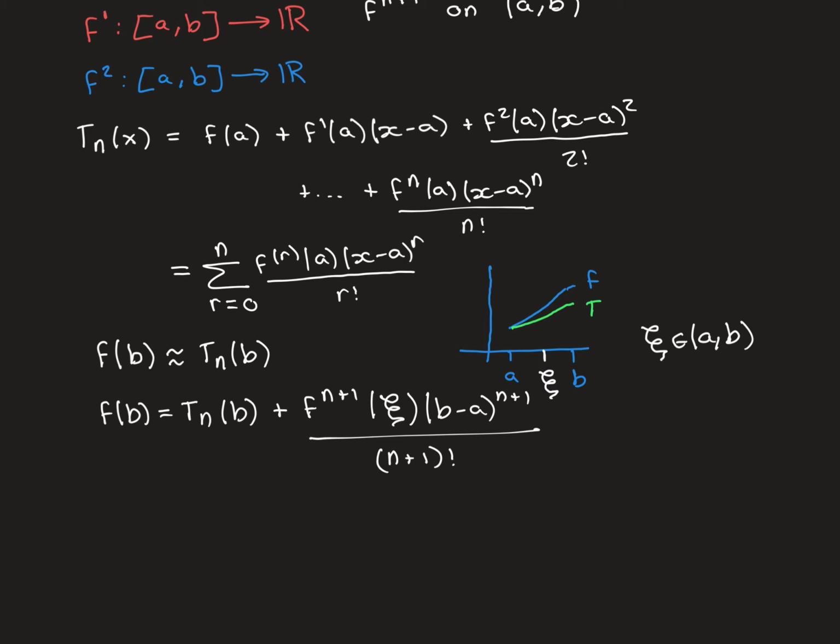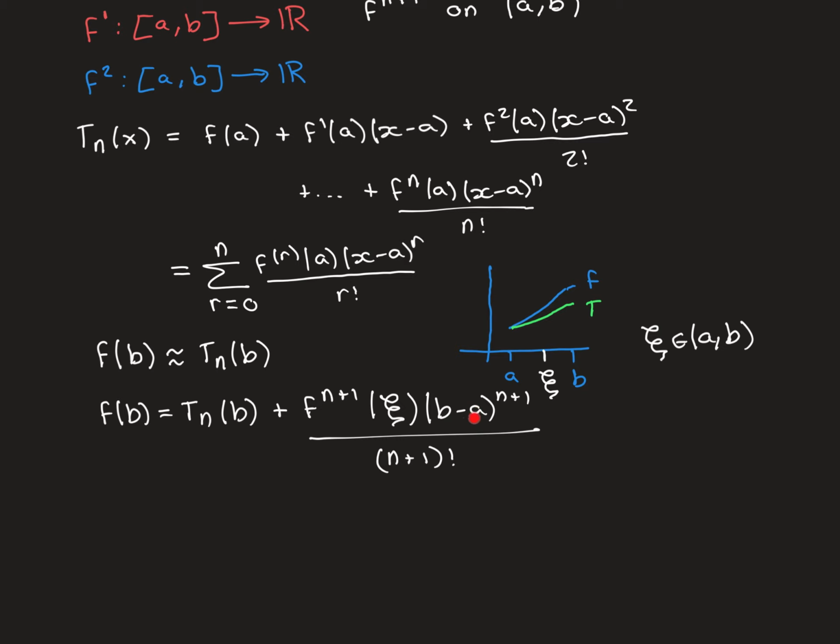As I was saying earlier, the theorem works the other way round as well, so it doesn't necessarily need to be the case that the point that we're basing the Taylor polynomial around is on the left and the point that we're approximating is on the right. Instead, we could have based the Taylor polynomial around B and used it to approximate A. This theorem would still hold true, that there would be a magic xi in between A and B, such that plugged into this formula here, and you'd have to swap B and A around because they're now taking the opposite roles.